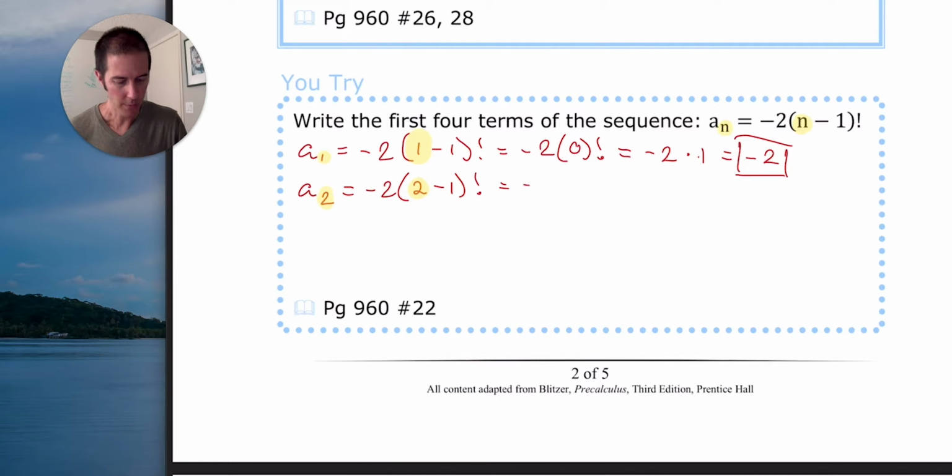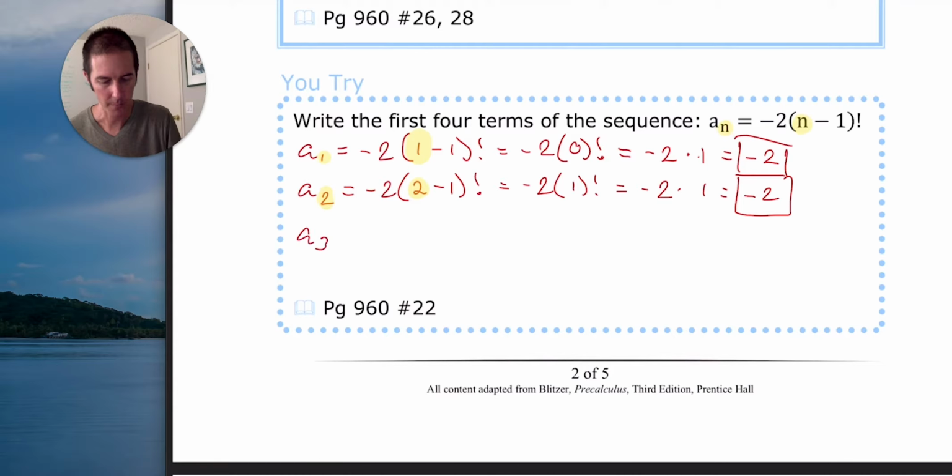Alright, so we've got negative 2 times 2 minus 1, which is 1 factorial. That's just a 1. It's not like 5 times 4 times 3 times 2 times 1. The beginning and the ending are the same. It's 1. So this is negative 2 times 1. That's negative 2 again. Now let's go for a sub 3. I'm speeding up a little bit here. Negative 2 times 3 minus 1 factorial.